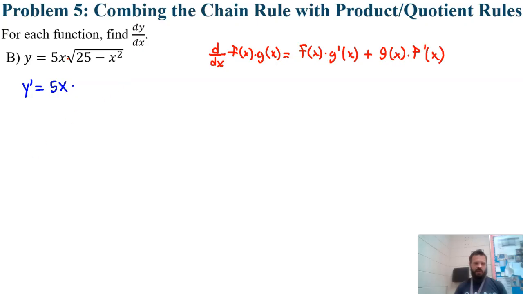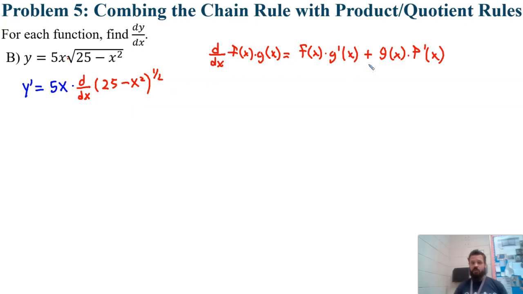But once again, I'm just going to write that as d over dx of this function, in ready to find the derivative form. We'll call that 25 minus x squared to the 1/2 power. I could take care of that right away, but I'm just going to save it for the next step.